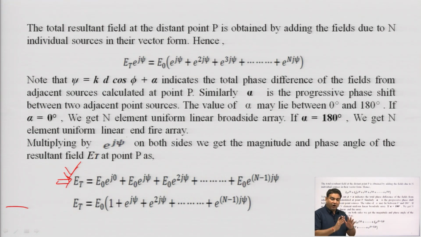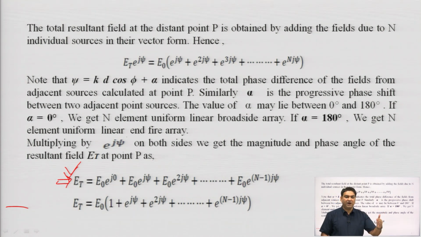Because all the elements are placed in a coordinate system where the first element is at the origin, there is no phase difference, no path difference, and the field strength at the origin point is E naught e to the power j 0, which is simply E naught.